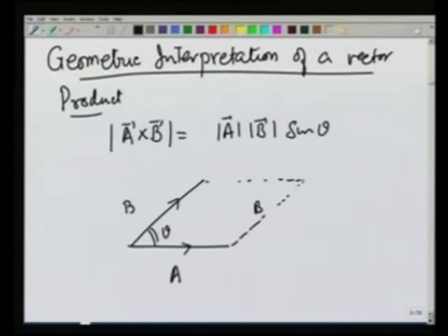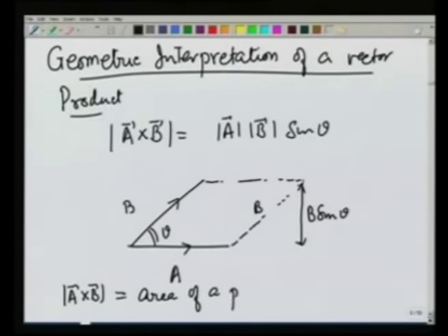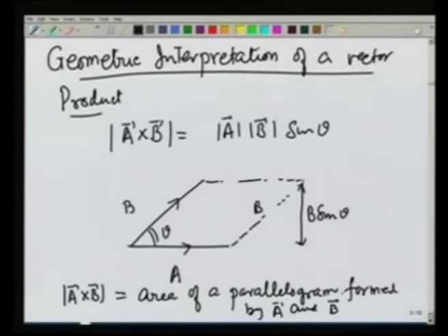This is B magnitude. So, this is B sin theta. So, this is the base times the height of this parallelogram, and therefore, magnitude of A cross B is the area of a parallelogram formed by A and B.